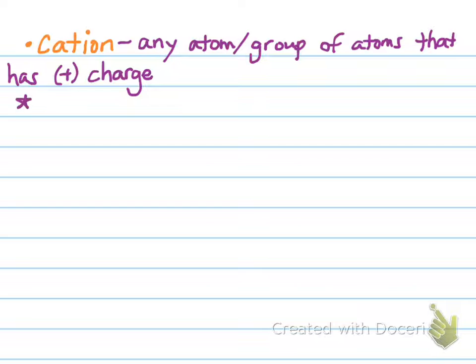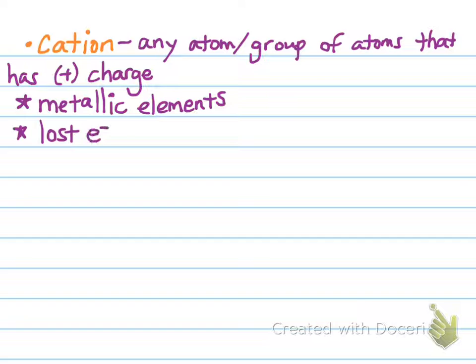Remember, the types of elements that typically form cations are the metals. So these are typically metallic elements. The metals have lost electrons, therefore they have fewer electrons than protons.